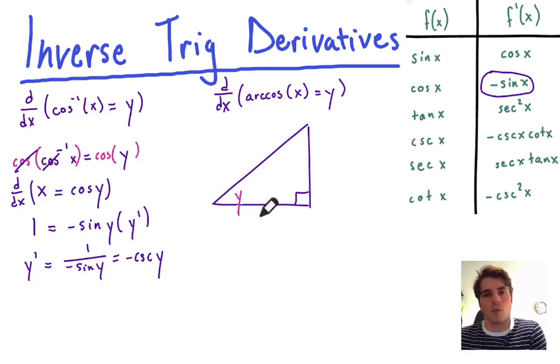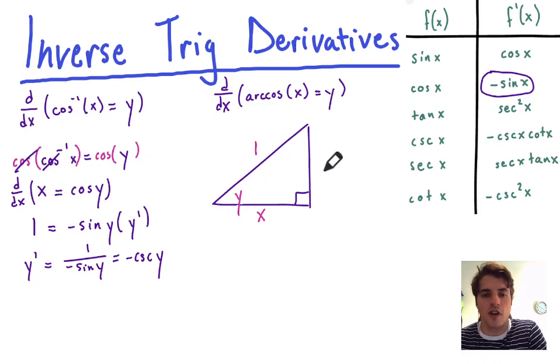So we need to pick one side to be x, one side to be 1. Because of the last video, I have a good idea that I want the first side that I'm dealing with to be x, so the adjacent side, and the hypotenuse to be 1. So the cosine of y is the adjacent x divided by 1, and that is true.